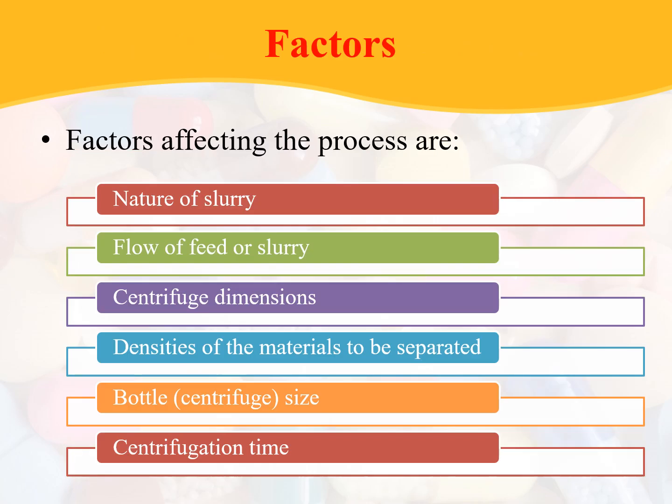Coming to the factors affecting the process. What are the factors that affect the sedimentation process? They are nature of slurry, flow of feed or slurry, centrifuge dimensions, densities of the materials to be separated, bottle size, which is nothing but centrifuge size, and centrifugation time.